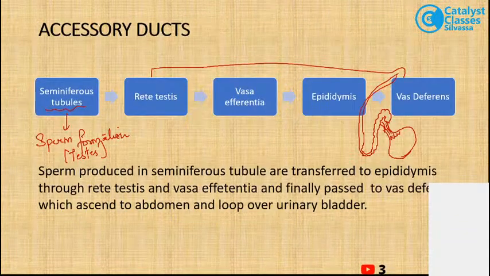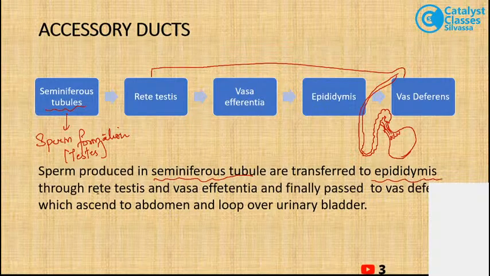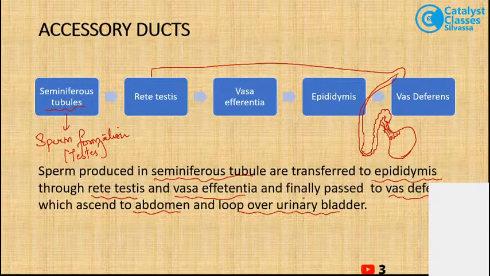Okay, so see here, the sperms are produced in the seminiferous tubule, transferred to epididymis through the rete testis and vasa efferentia, and finally they will be passed to the vas deferens, जो कि enter हो रहा है, it is ascending into the abdomen and loops over the urinary bladder. ठीक है, from the seminiferous tubules which are present outside in the scrotum, they will be transferred up to the abdomen body part with the help of vas deferens.